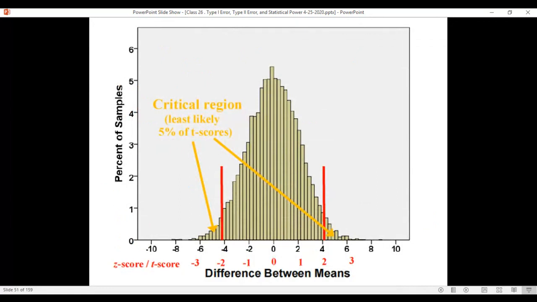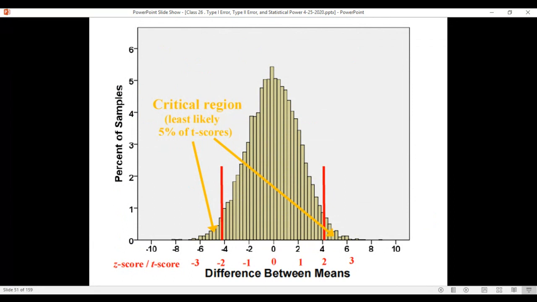Now, to see why type 1 error occurs, let's consider the sampling distribution of the difference between two means when the null hypothesis is true. That is, the means of the underlying populations are the same. Because the null hypothesis is true, the sampling distribution of the difference between the means has an expected value of 0.